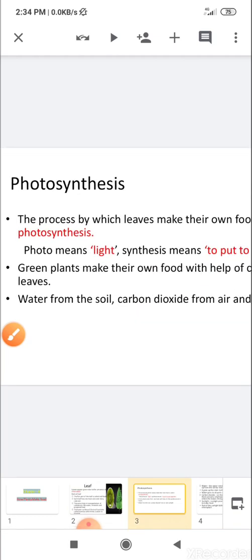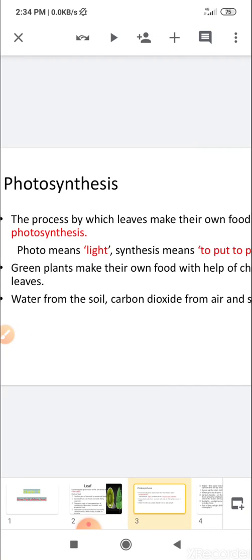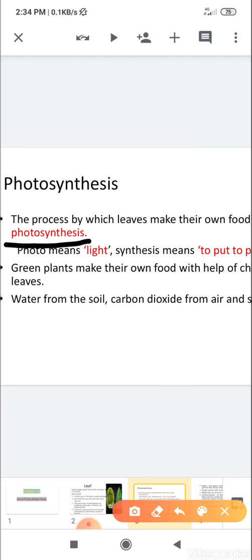Now, what is photosynthesis? The process by which leaves make their food is called photosynthesis. So, photosynthesis is the process by which plants make their food.